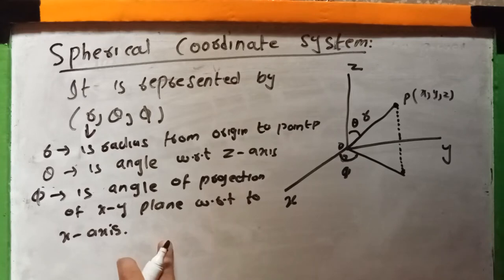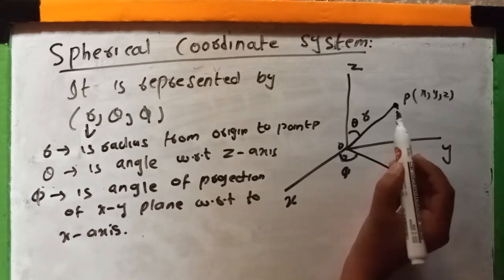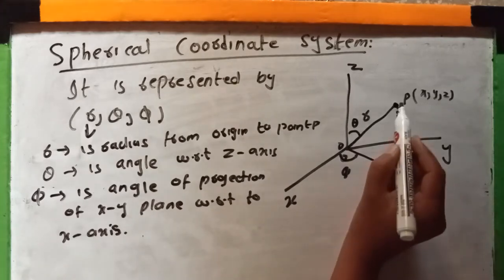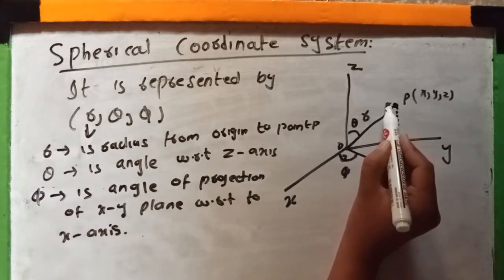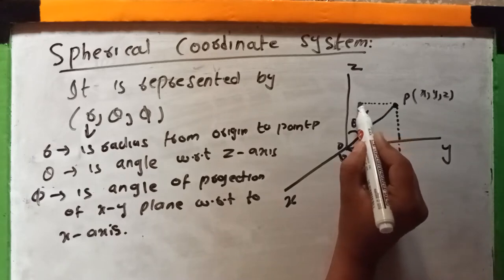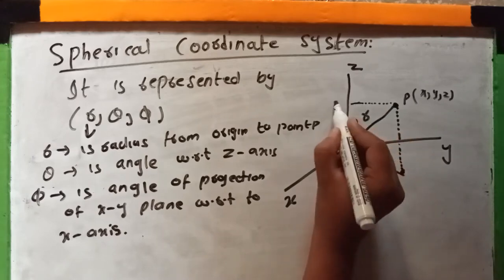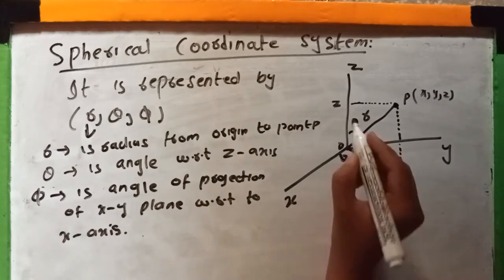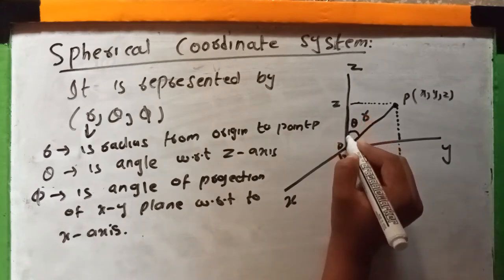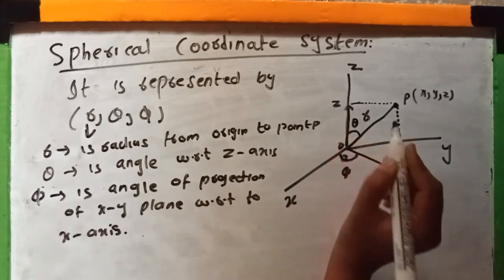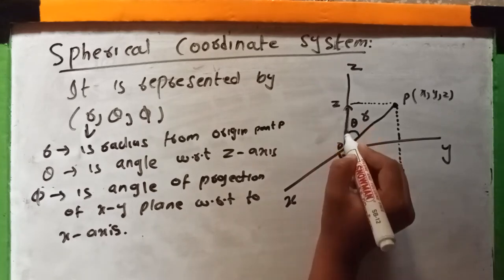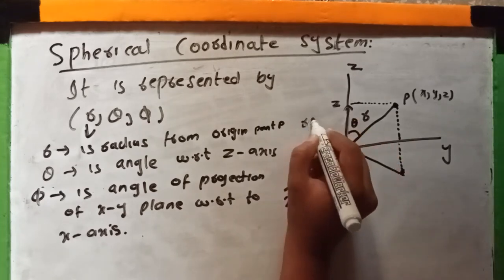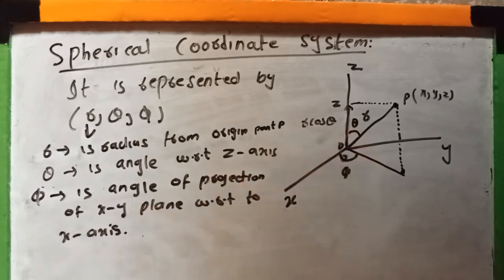Now we will understand how we can convert from Cartesian to spherical coordinate system. If we draw the projection of point P on the z-axis, then it will give the z component, and this line will be r cos theta.